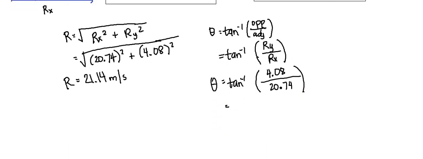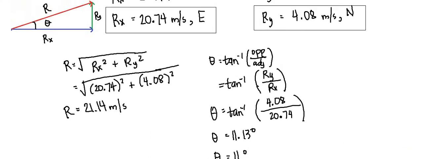This will give us, type in natin sa calculator, tangent inverse of 4.08 over 20.74. This gives us 11.13 degrees. So that's theta equal to 11.13 degrees. Okay, sabi natin, gamitin natin yung whole number. So that's 11 degrees. Bigyan natin ng direction.